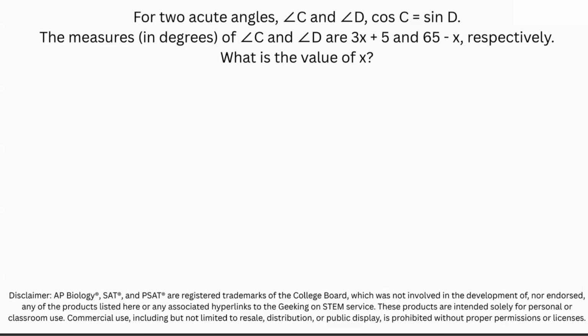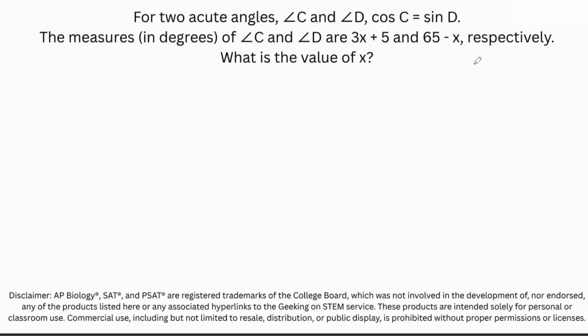So in this problem, they let us know a couple of things. One, they let us know that the cosine of C is equal to the sine of D. So they went ahead and identified this information for acute angles, and they let us know that the degrees for C and D are listed as above.